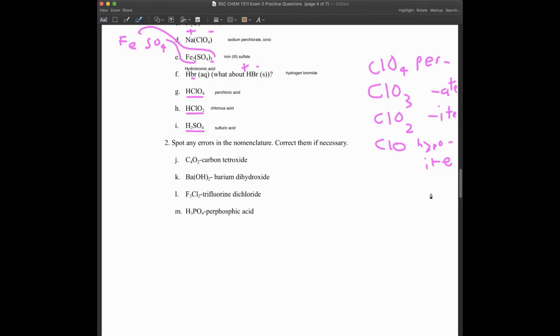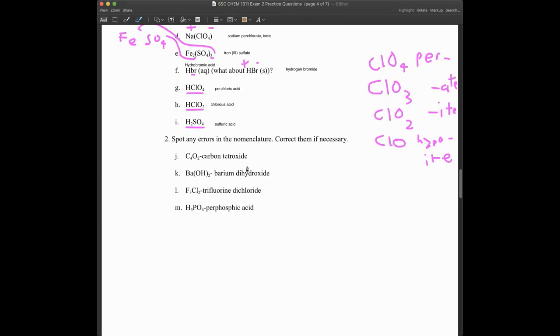So part 2 says spot any errors in the nomenclature and correct them as necessary. Okay, so C4O2, the name is carbon tetroxide. Is this correct or is this incorrect? CO4, carbon tetroxide? Yeah, so CO4 is carbon tetroxide. So what would C4O2 look like?